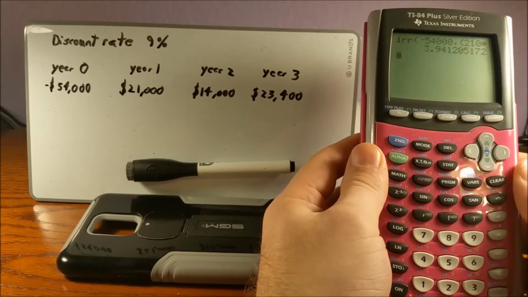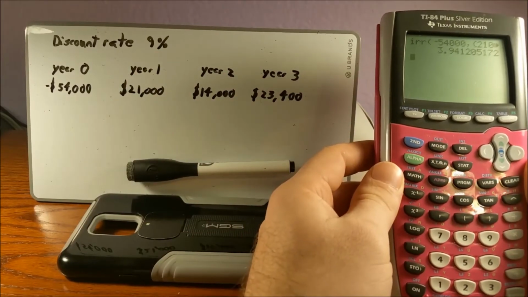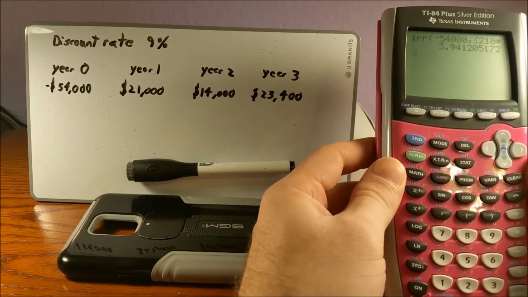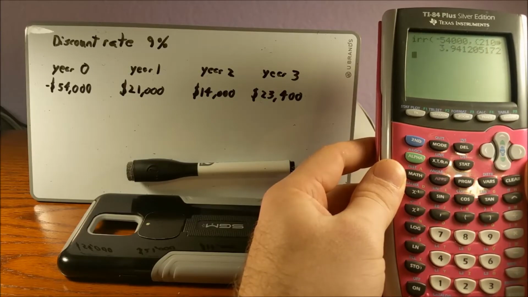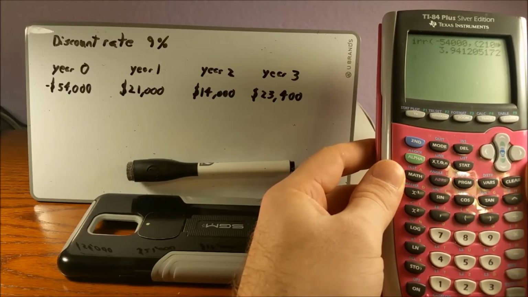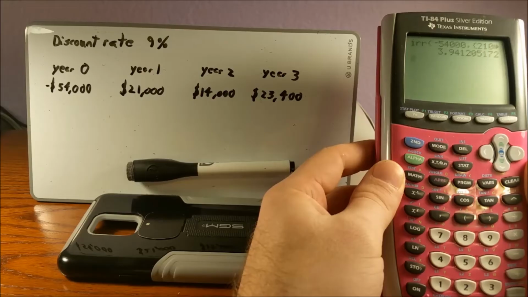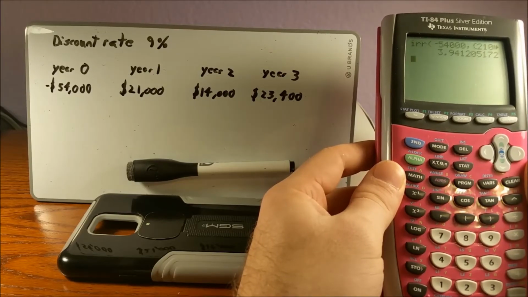What does that mean? Well, here's our discount rate of 9%, right? When we were calculating the net present value, the net present value was pretty low. It was less than the initial outlay, so we decided that that wasn't a good project. Well, in this case, the internal rate of return, 3.94, is less than 9.